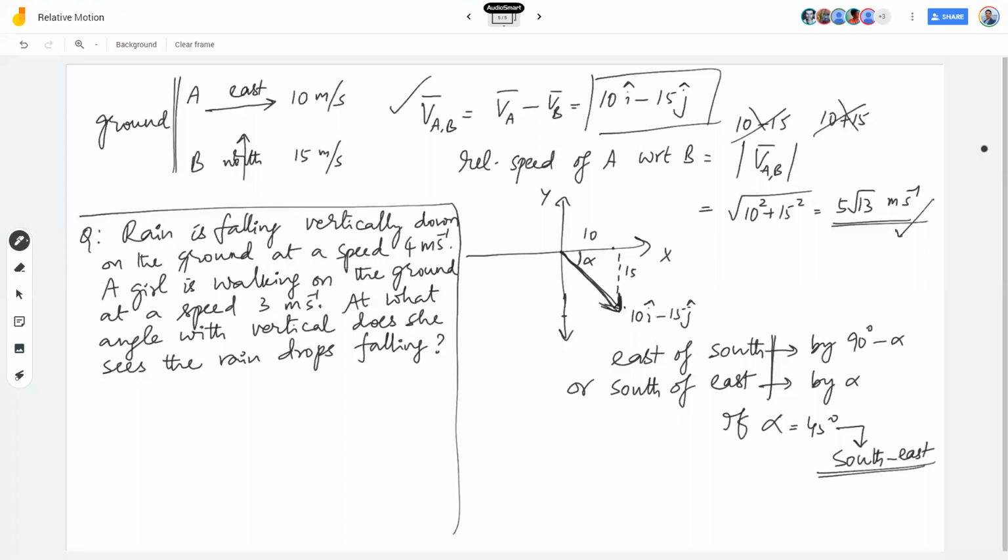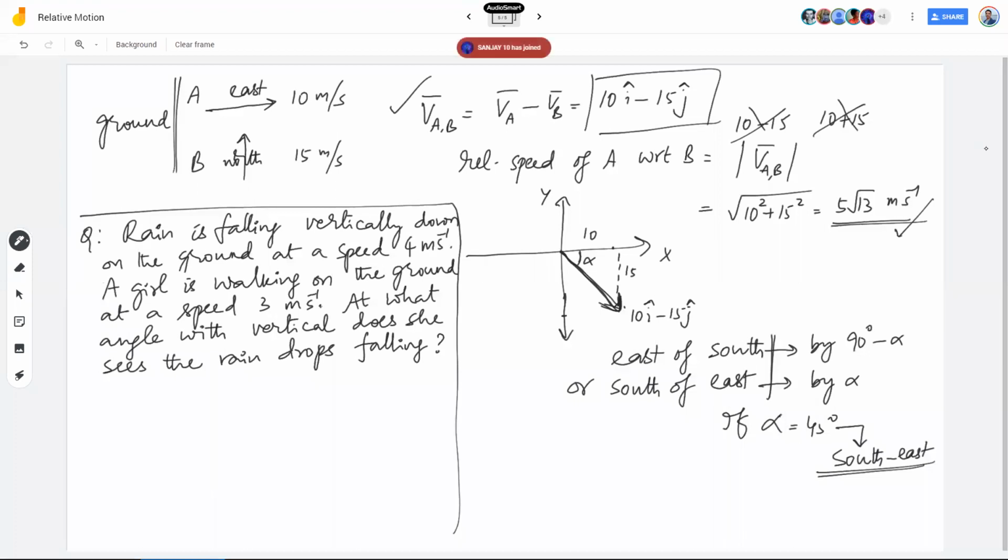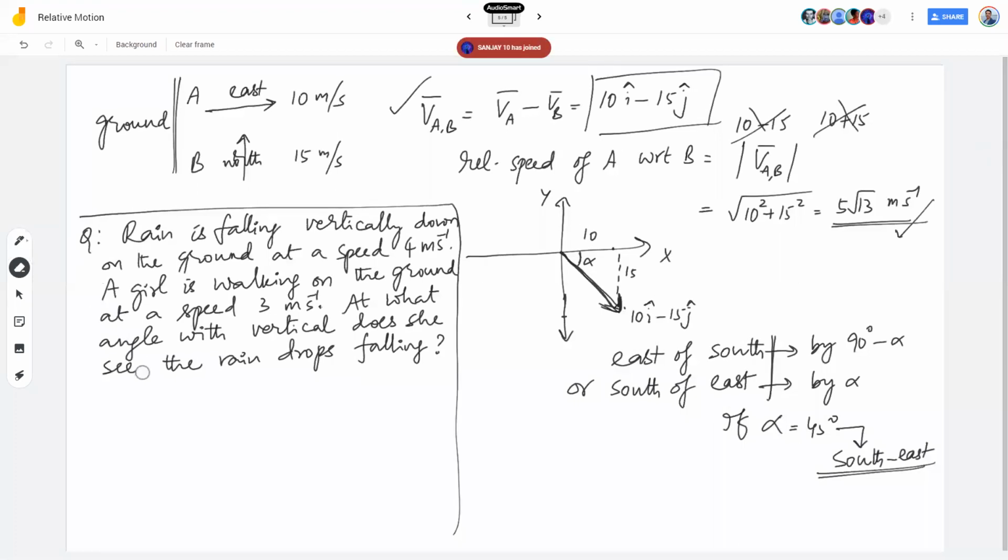Try to understand the question first. Rain is falling vertically down on the ground at a speed 4 meters per second. A girl is walking on the ground at a speed 3 meters per second. At what angle with the vertical does she see the raindrops falling?